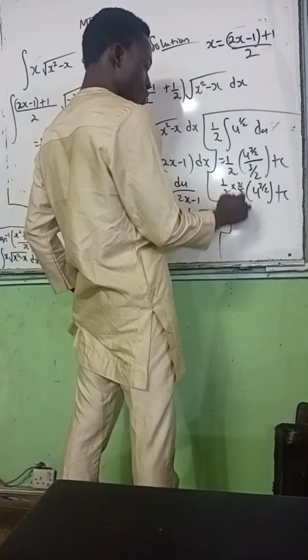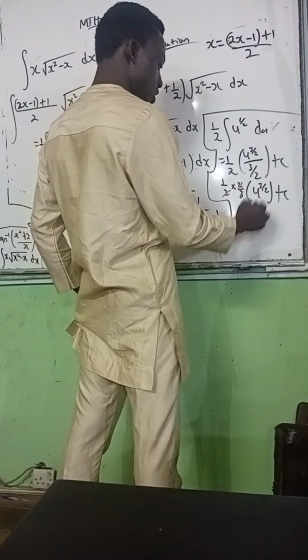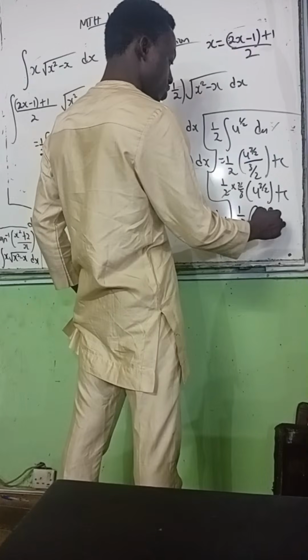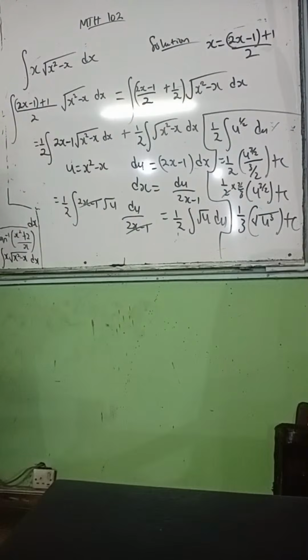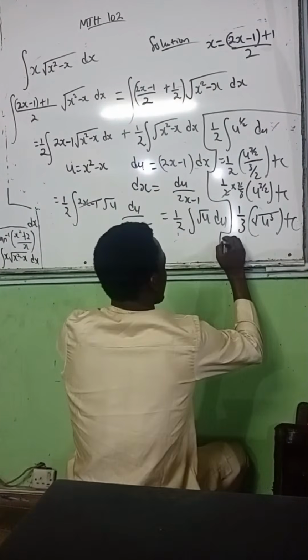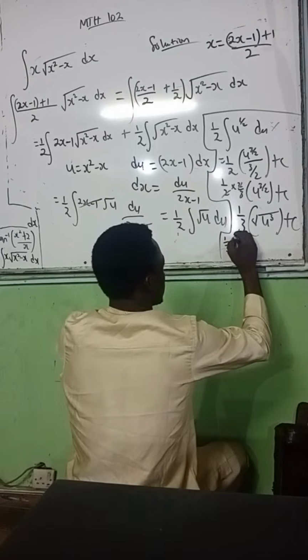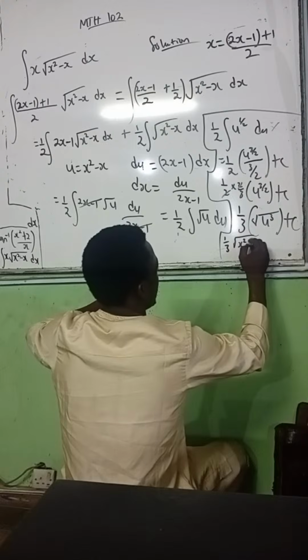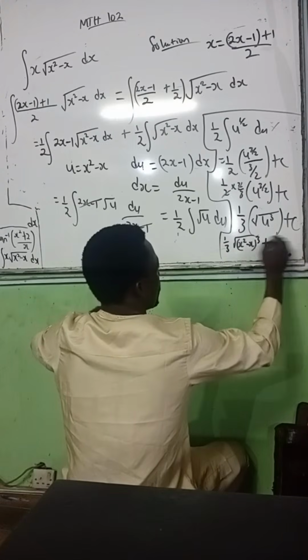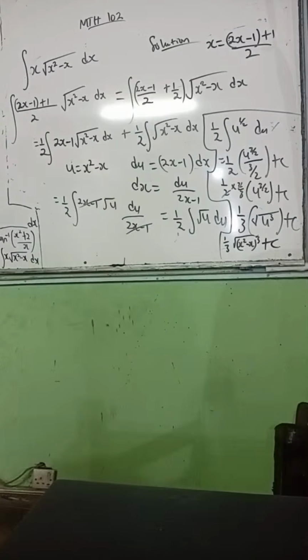So this 2 cancels 2, we have 1 over 3 square root of u cubed plus c. So the answer to the first part equals 1 over 3 square root of x squared minus x cubed plus c for the first part. I hope it's showing there.